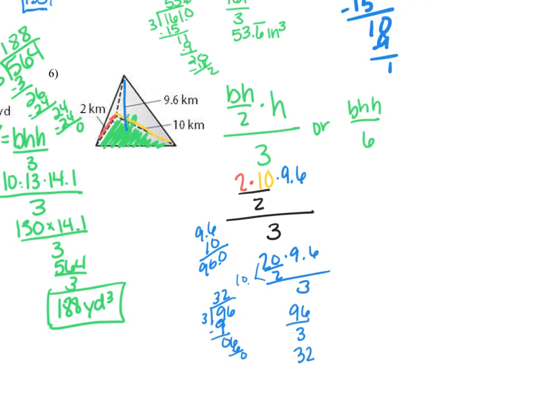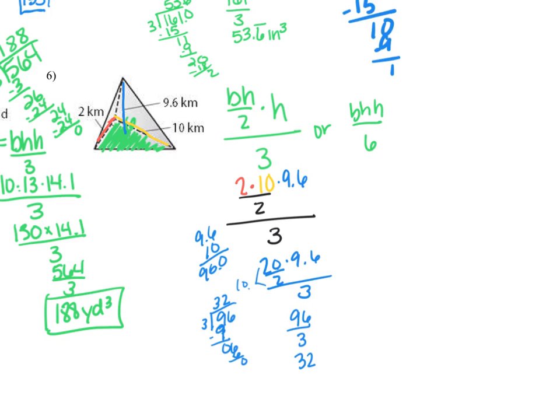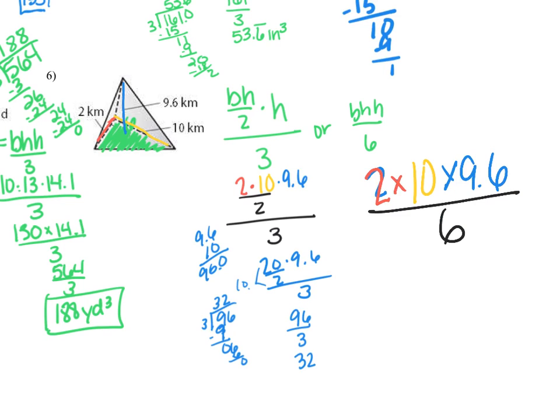Let's try it the other way. Let's make sure it comes out the same way. So let's do base times height. So 2 times 10 times 9.6 divided by 6. Let's see if this works out the same.